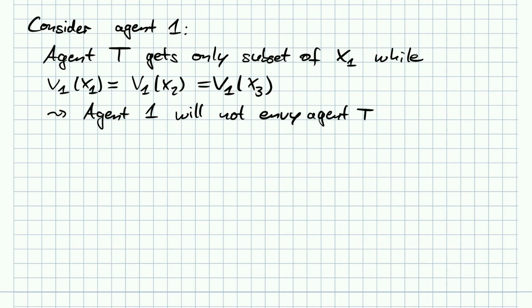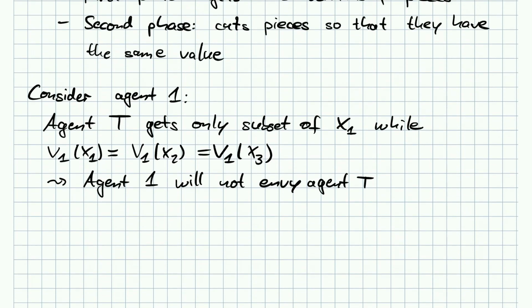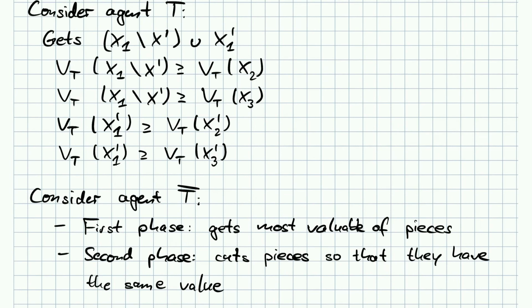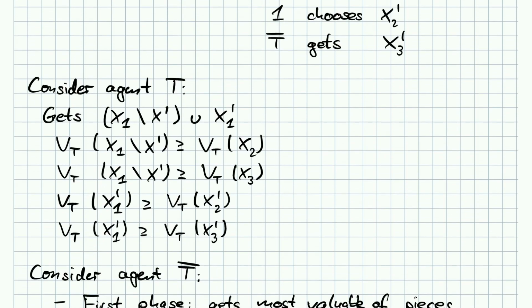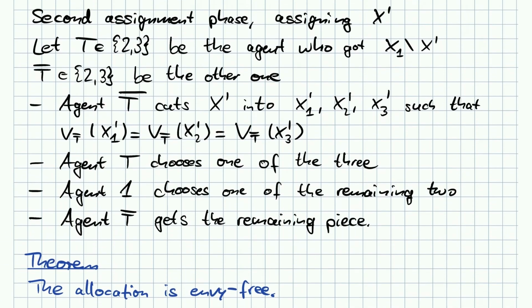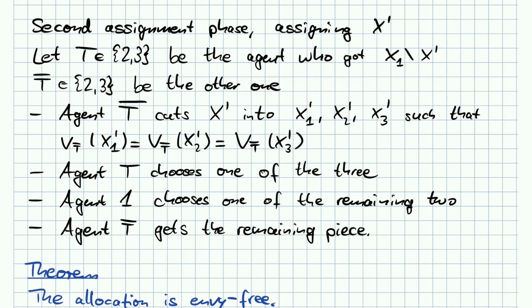Now what about agent T bar? For this we'll have to look at the second round, the second assignment phase, and there actually agent 1 chooses before agent T bar.